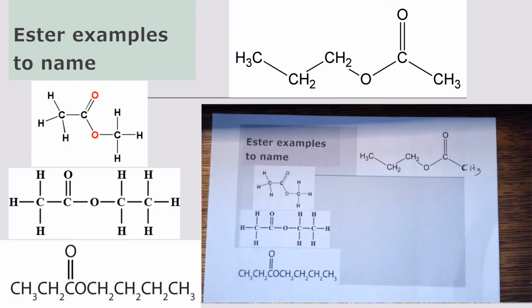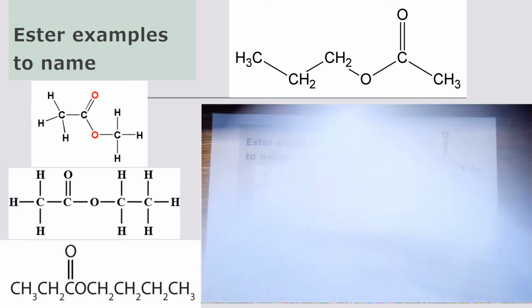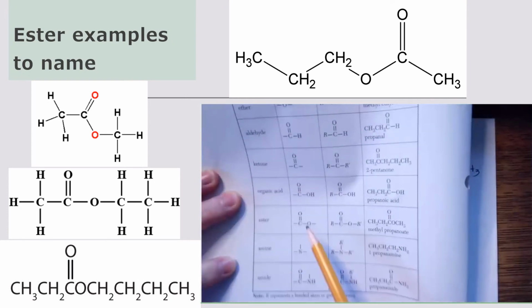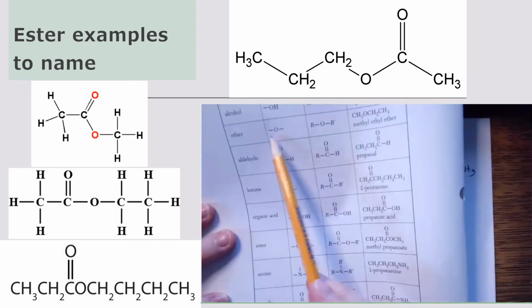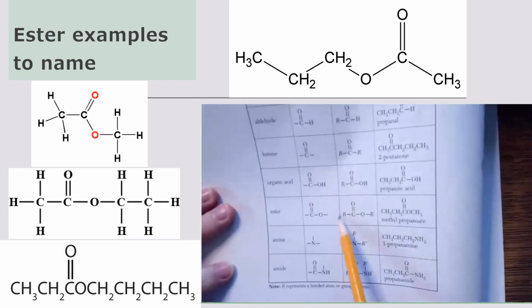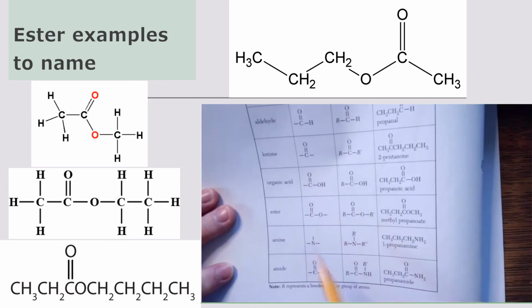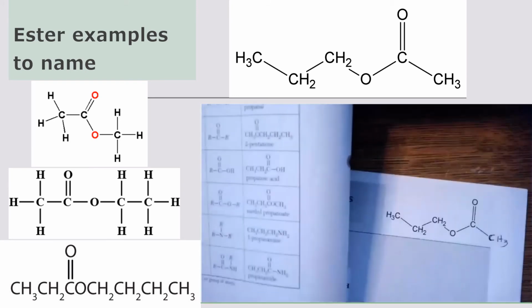All right, it's time for esters. So now I've got to look it up again. All right, ester. Ether was just an O breaking up the chain. An ester has an O breaking up the chain, but it has a C with a double bond O immediately next to it. And here's the only thing. So I'm going to jot a note down right here.